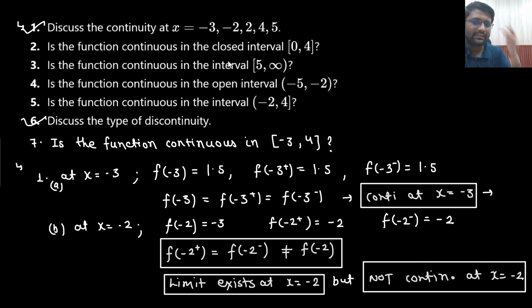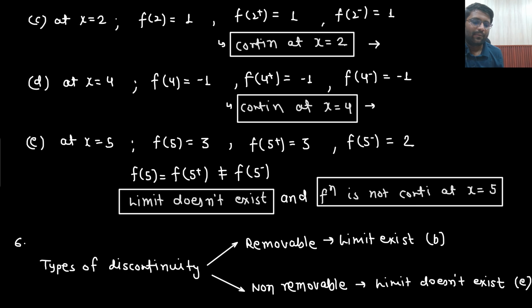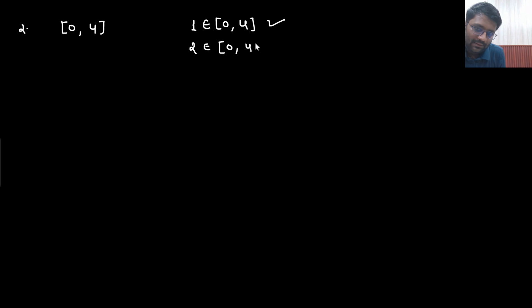Now let's talk about: is the function continuous in the closed interval 0 to 4? Closed interval 0 to 4. Now let me know one thing. Does 1 belong to 0 and 4? Yes, sir. Does 2 belong? Yes.